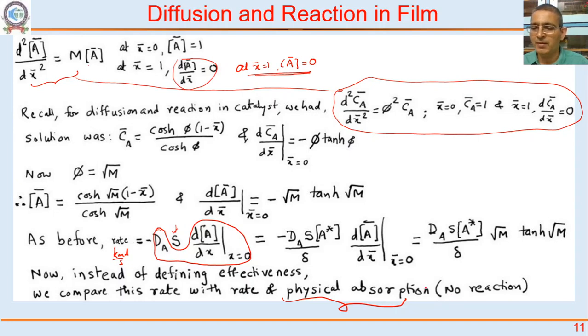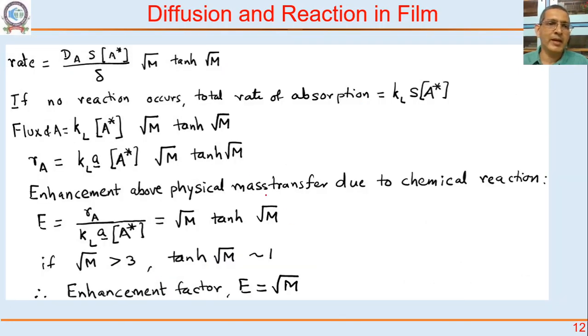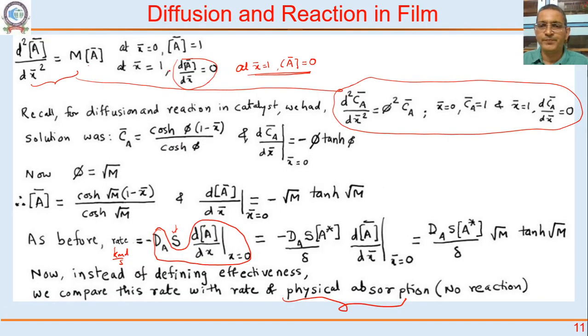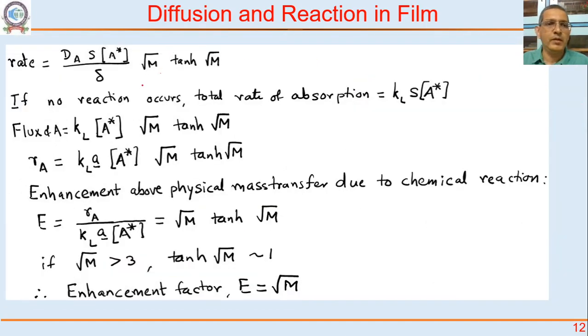And then define something called enhancement. So rate, this is from our previous slide. If no reaction occurs, then the total rate of absorption would be KL S A star.